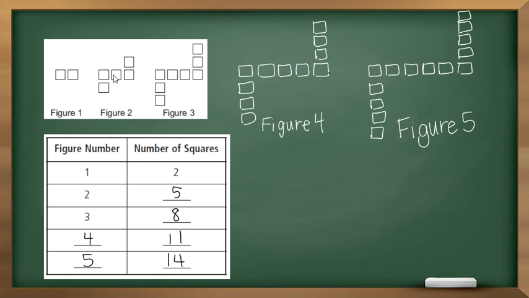You can visualize it however you want, but it's still the same pattern. In the center, we're adding 1 each time, and then we're adding 1 more going down, and then 1 more going up. So in total, we're adding 3 each time. That's why the number of squares increases by 3 each time.